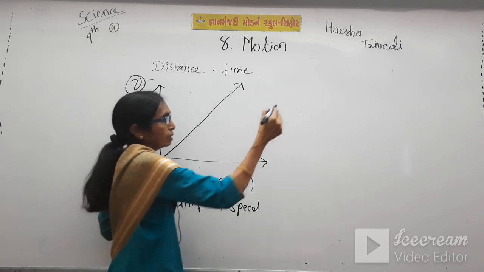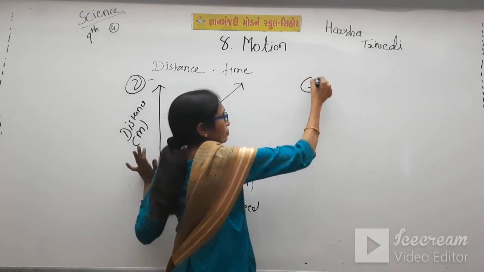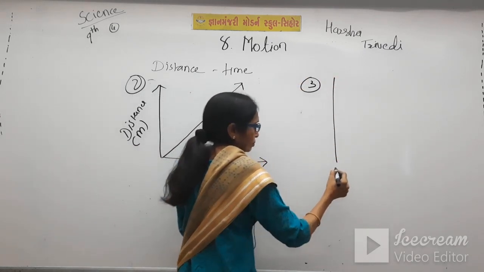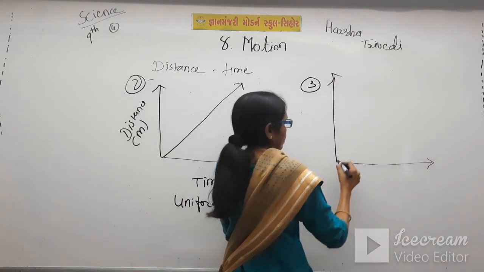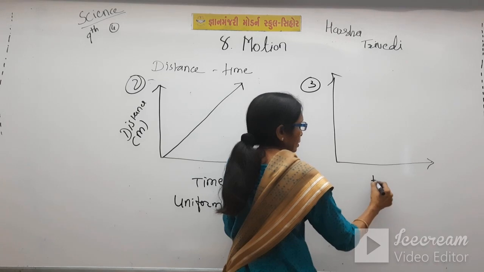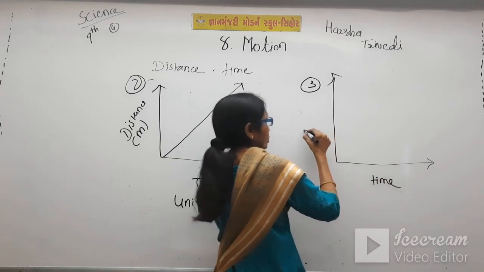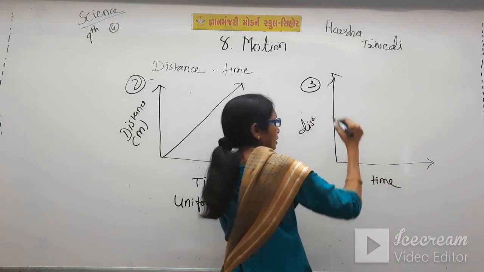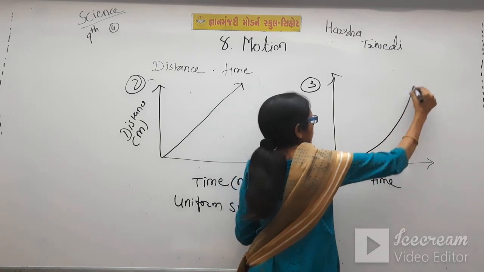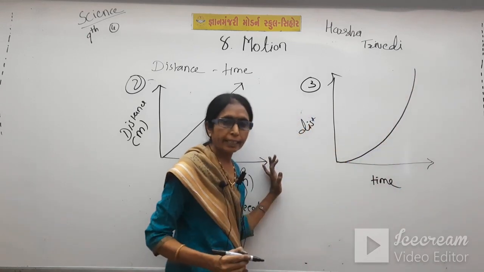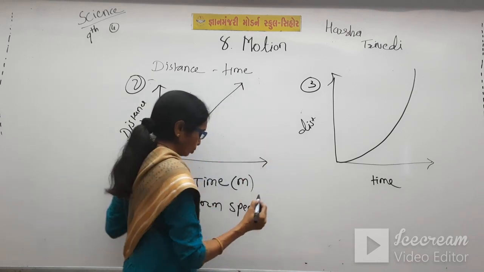And the third situation: time, distance. If the graph is like this, then it is said to be non-uniform motion.